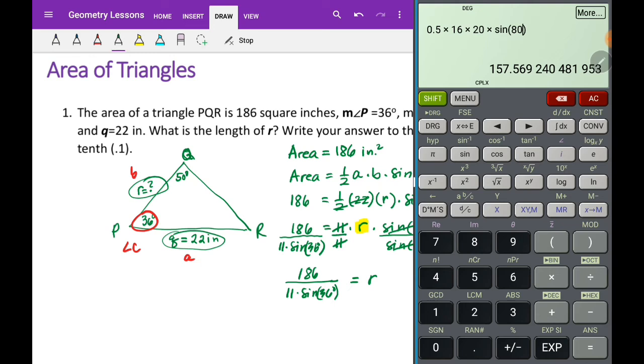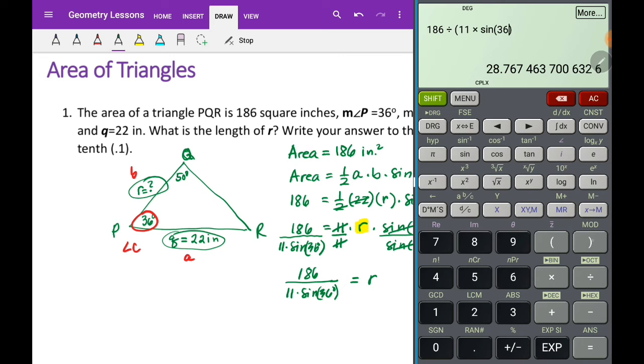Let's put it in. It's going to be 186. Make sure that your calculator is set in degree mode. It's going to be 186 divided by, now here's when you use your parentheses, 11 times sine 36.